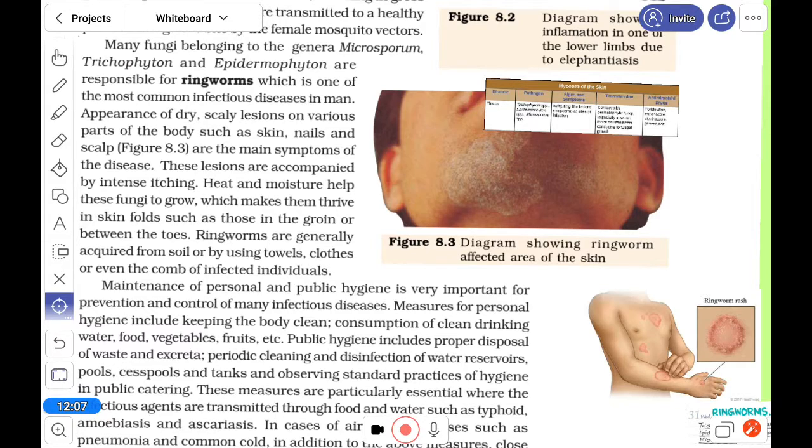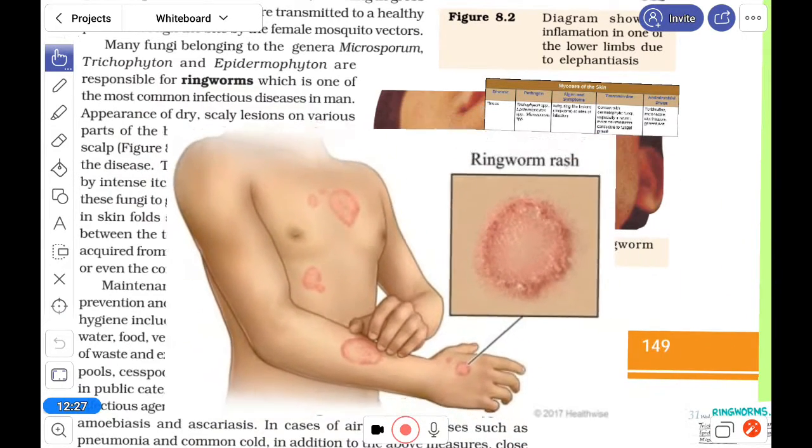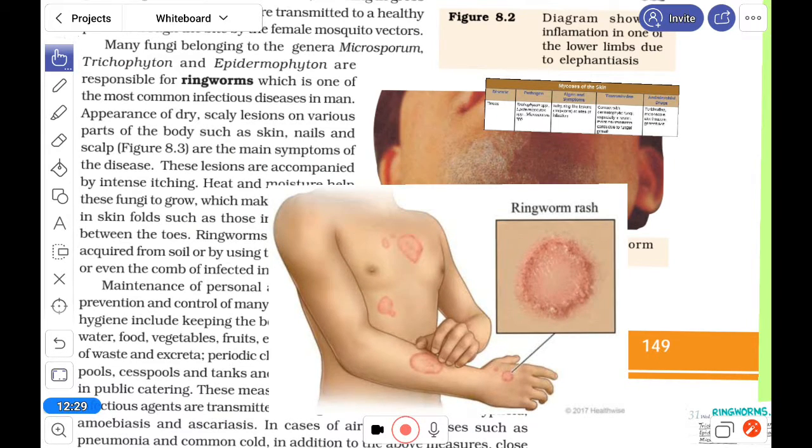Candida albicans also, and Aspergillus also, create the problem. It is a very common disease and very infectious also. It is not very dangerous. That is why we are not concentrating on that.